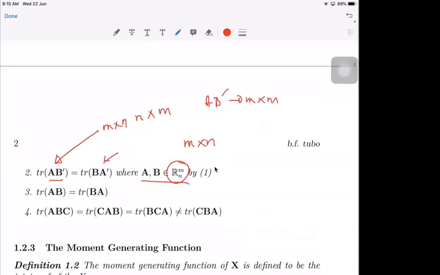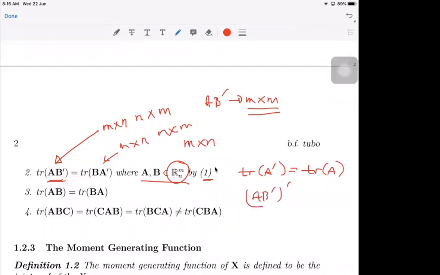Also here, B is m by n, so B prime will be again n by m. So both AB prime and BA prime are m by m matrices. So since by 1, the trace of A prime is just equal to the trace of A, when you have a matrix AB prime and you get the transpose of that, that is actually equal to BA prime.